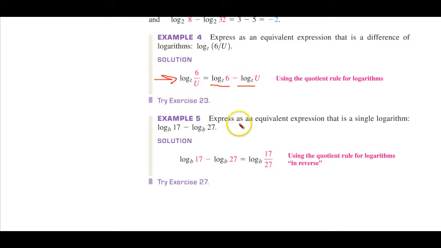Example 7. Express as an equivalent expression that is a single logarithm this minus this. Well, it's just the opposite of this. So what you're going to do is take log base b, that's this one, and since this is subtraction, we're going to put the 17 over the 27.